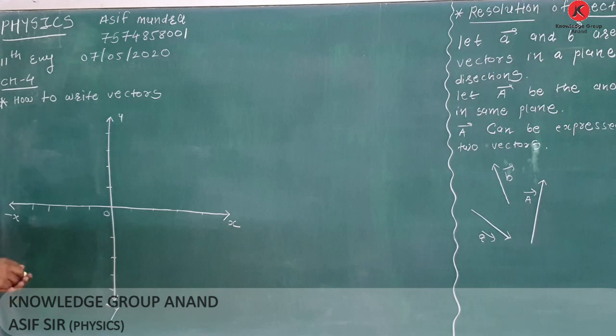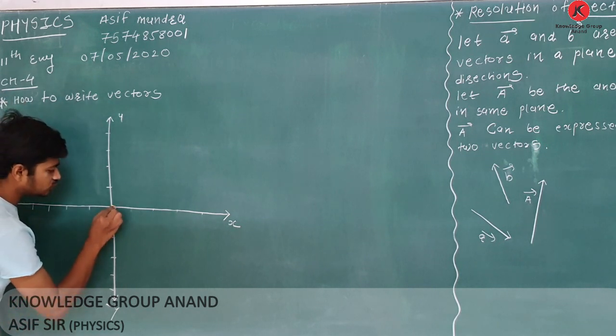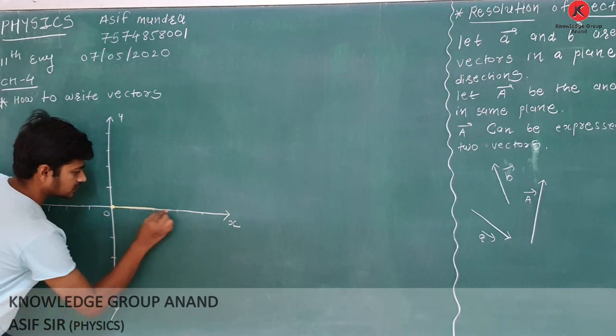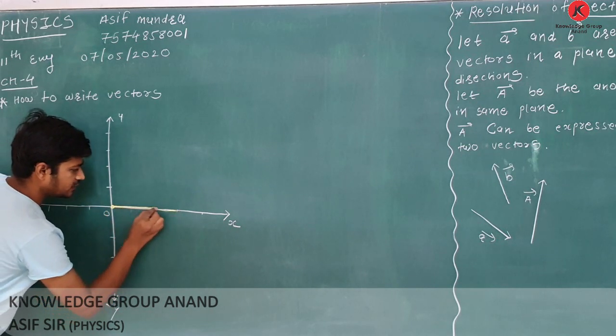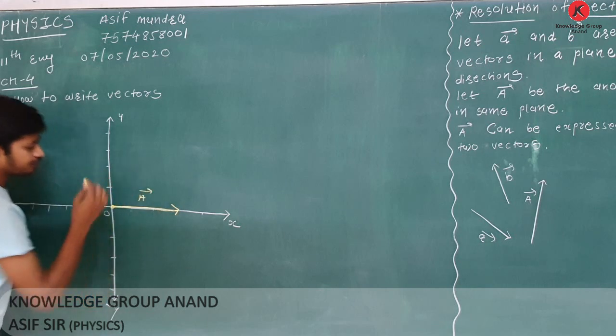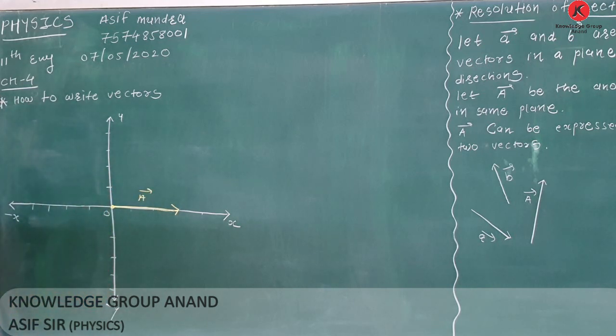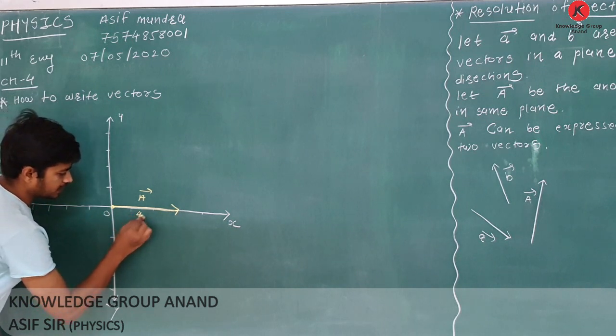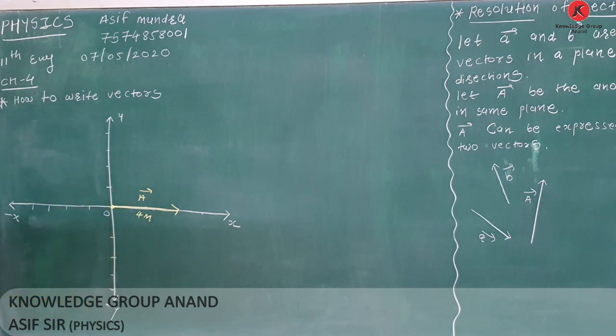See, here it is. x, y, minus x and minus y axes are given. Now if I say there is one vector in this direction, like this, it is vector A. Clear about this? Let its length be 4 meter.